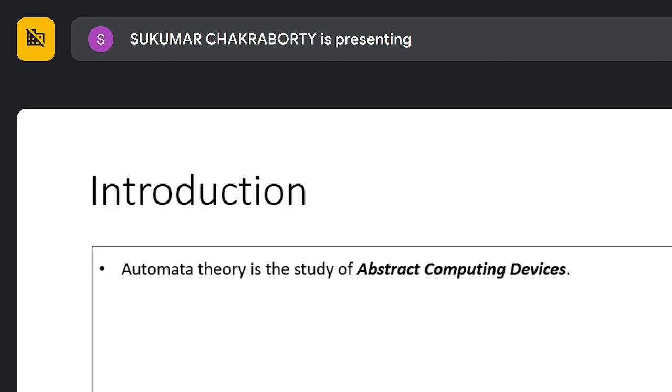A device is a physical object which is meant to do some specific tasks, right? This is somehow how we can define a device. A computing device means there is some kind of computation associated with the device, with the tasks that the device is capable of doing.